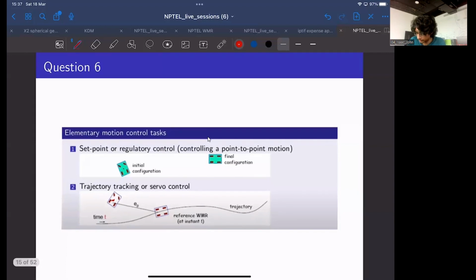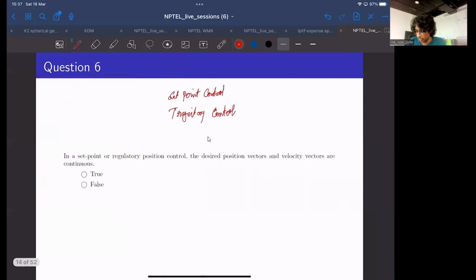So in that regard, tracking control basically tracks the robot's position, velocities, and accelerations as functions of time. So in a set point control or a regulatory position control, the desired position vectors and velocity vectors are continuous. That is a false statement, because these are not continuous functions of time. For set point control, these cannot be continuous functions of time. Right? The velocities and accelerations are essentially zero.